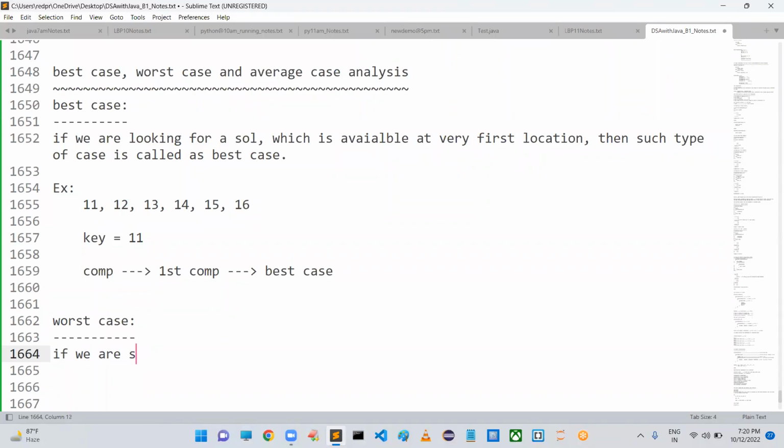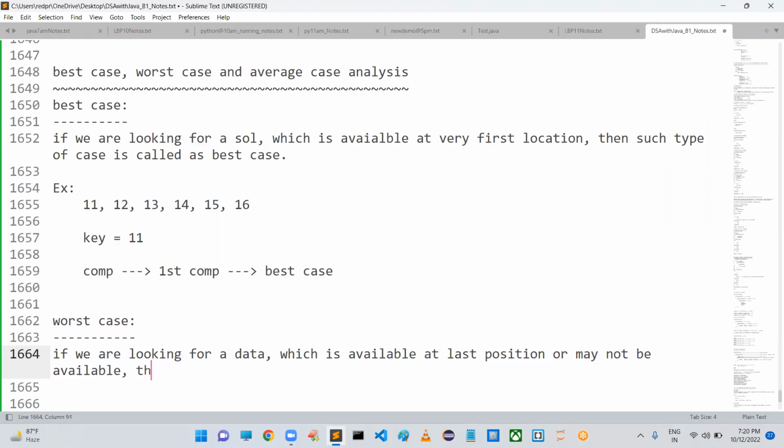If we are looking for data which is available at the last position, or may not be available, such types of cases are called the worst case.